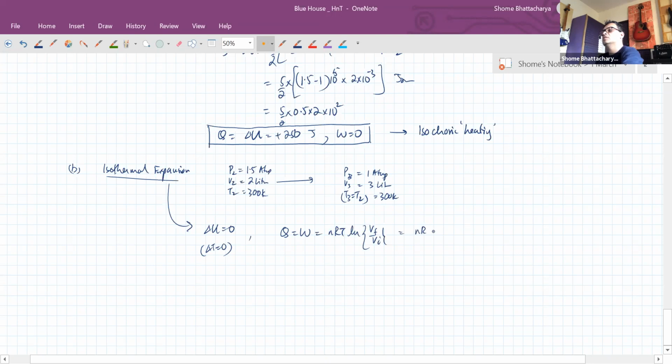So this is nR into 300 into natural log of V3 by V2. So Q will be equal to, now see, P2 V2 is equal to nR T2, is equal to nR into 300.